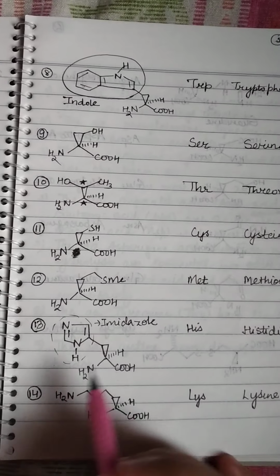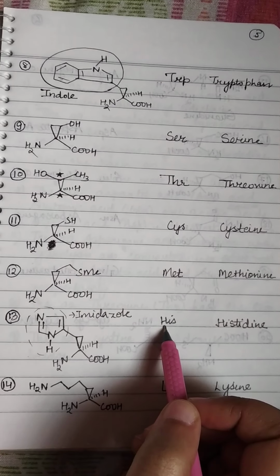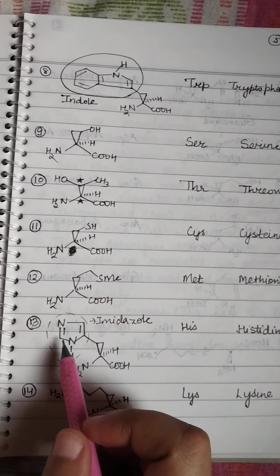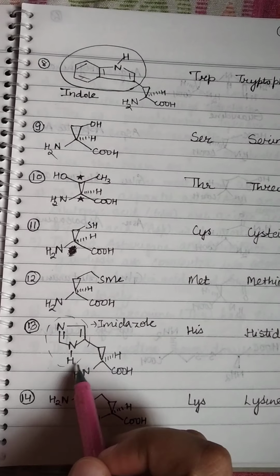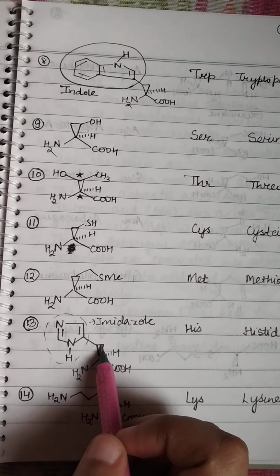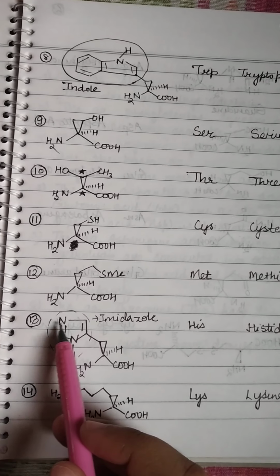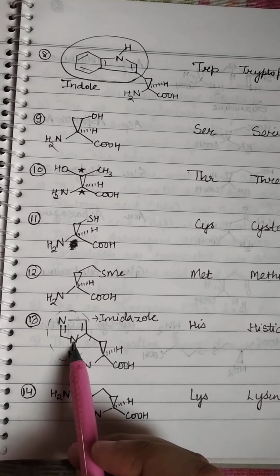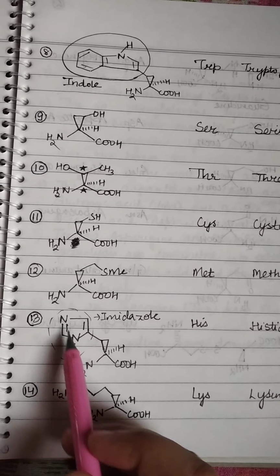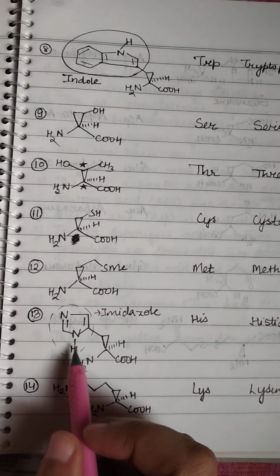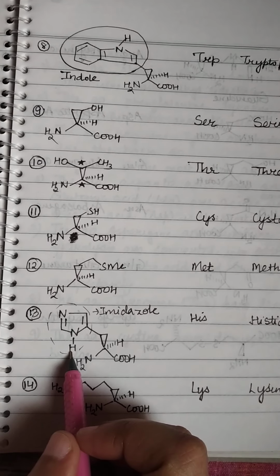Now histidine. The histidine symbol is HIS, and its structure contains the R group as CH2, which is attached to imidazole. Imidazole has a 5-member ring in which two nitrogen atoms are there, and one nitrogen atom is attached to a hydrogen atom.